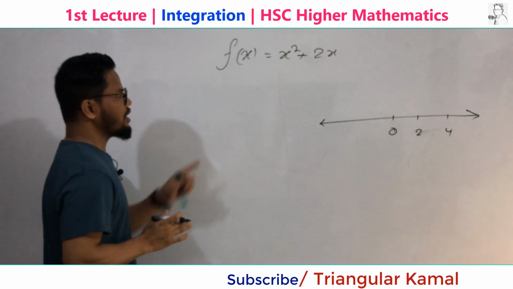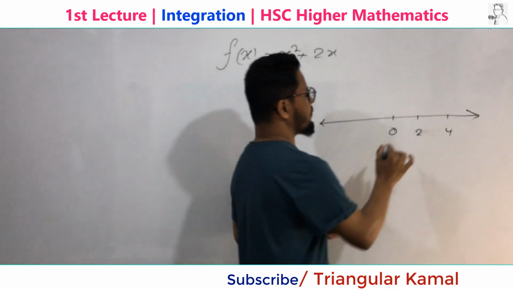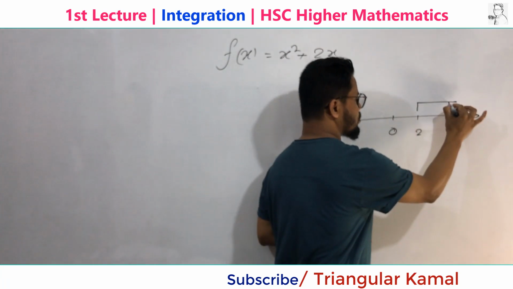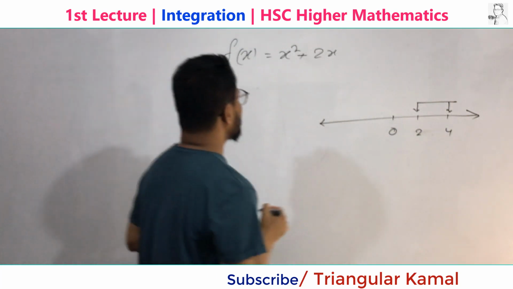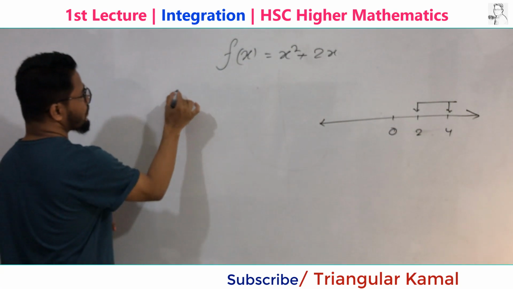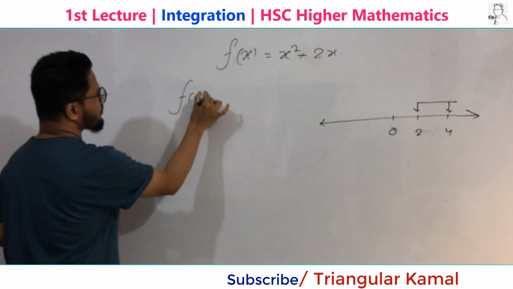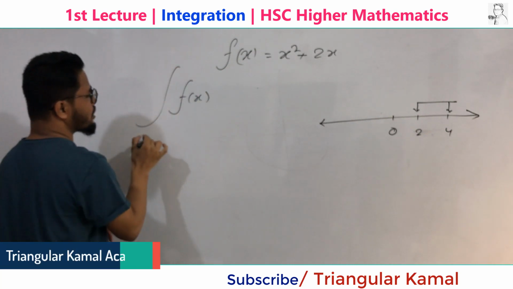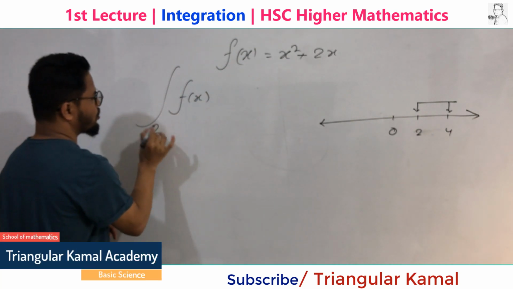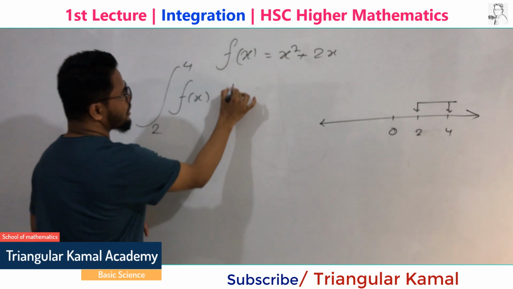If we want to explain this function in the interval 2 to 4, then we get the integral of f of x, with integration limits 2 to 4, dx.